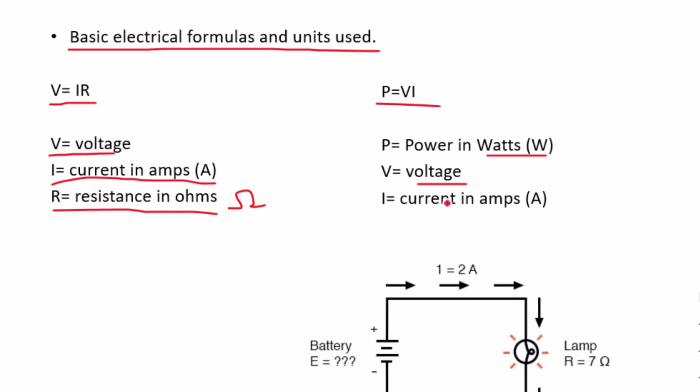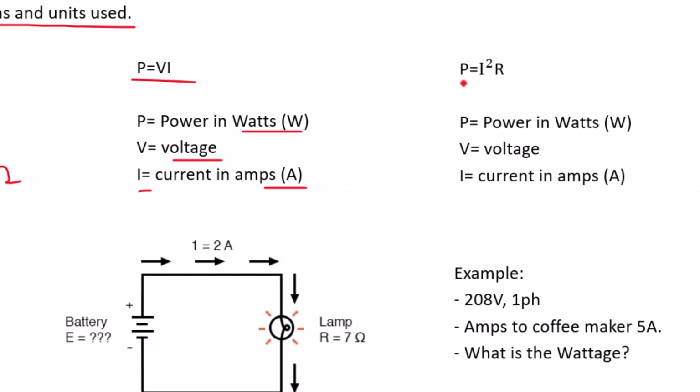And you have I, which is the current in amps. Power can also be represented like this, where P equals I squared R, or the current squared times the resistance. Basically, it comes from this formula and this formula.